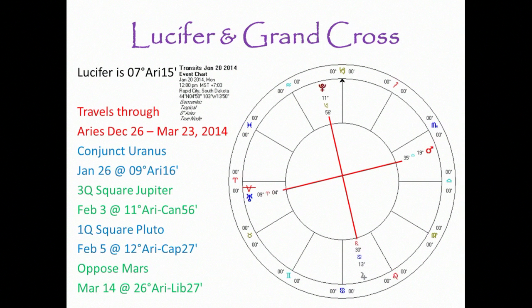However, here's how Lucifer is going to activate the Grand Cross. As we see it going over Uranus, which it's going to do in less than a week, what we can see when you're looking at Lucifer as the separating forces, you just look at the archetype, the sign and the house, as where it's distorted.